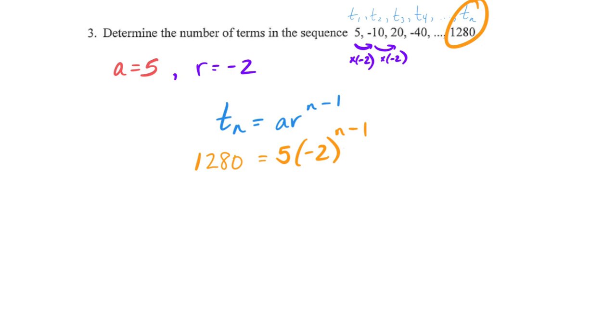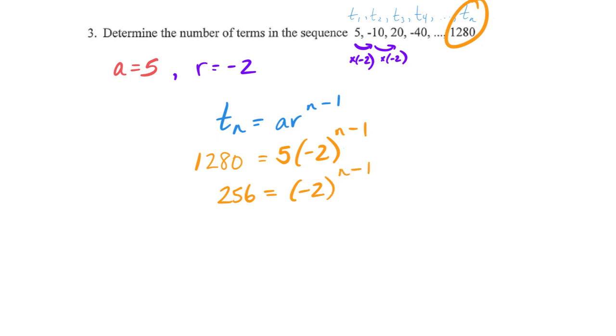Okay, if I'm going to get it out, then that means I need a power equal to a power, base the same. So that 5 that's sitting out in front, I need to get rid of it. I'm going to divide that out. And so if I take 1,280 and divide it by 5, then I get 256.